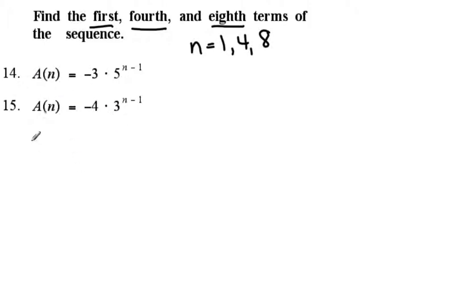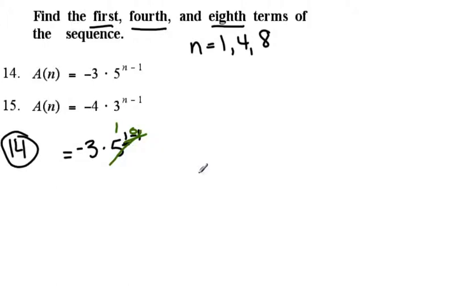All right, so putting number 14 first, for 1, we've got negative 3 times 5 to the 1 minus 1, because we have to put that 1 in for the n. 1 minus 1 gives us 0. Anything to a 0 power is just 1.